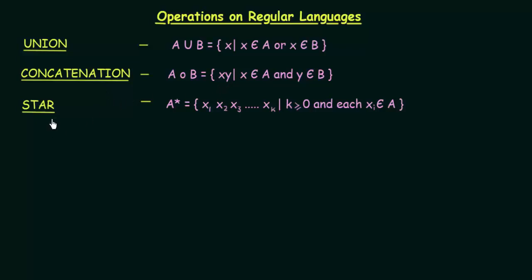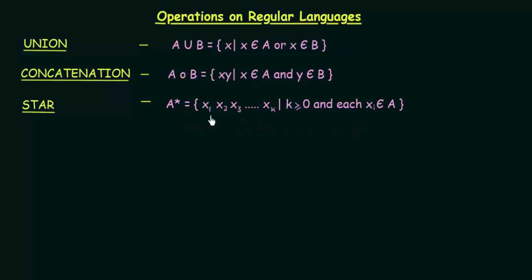And the next one is star. Unlike union and concatenation, in the star operation we have only one set. Performing the star operation on set A means x1, x2, x3 up to xk such that k is greater than or equal to 0 and each xi belongs to A. Don't worry about this long definition.